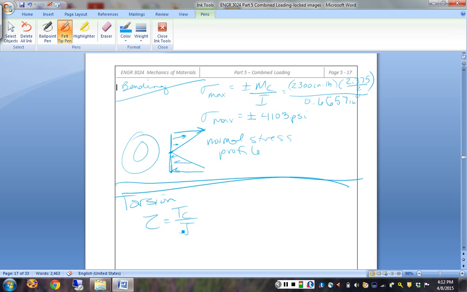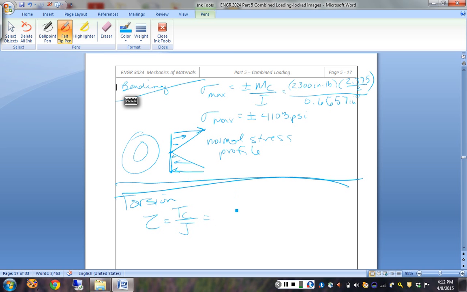A handy-dandy piece of trivia that I don't expect you to memorize is that J's are actually twice I's, or it's given on the back page of the test. It's pi over 32 outer diameter to the fourth minus inner diameter to the fourth. Or 2 times I. Did I say half? It's 2 times, not half.